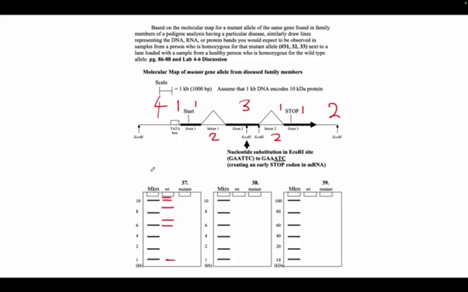So this was our southern for DNA, our northern for RNA, and our western for protein. In RNA, we know that we get a 5 kb band here, and in the protein, we should get a 50 kDa band over here. So these are the wild type bands that we determined in our previous question.